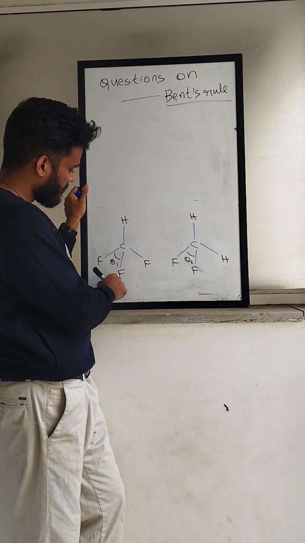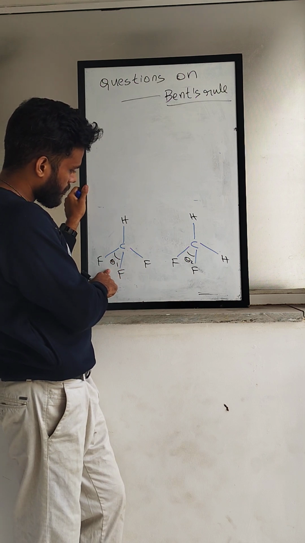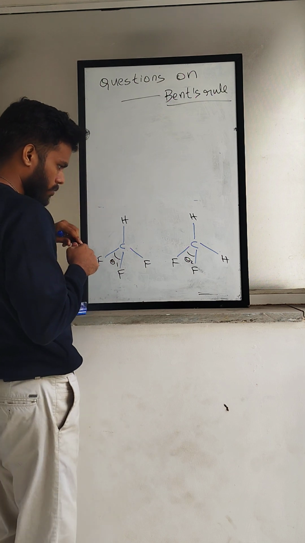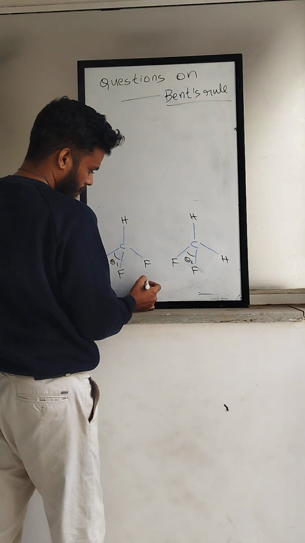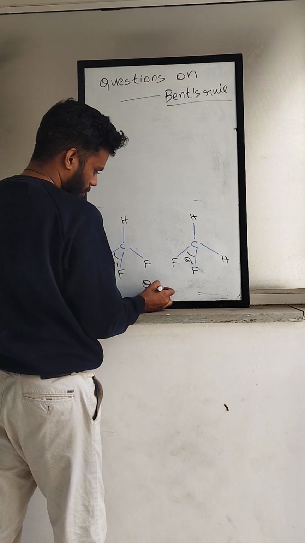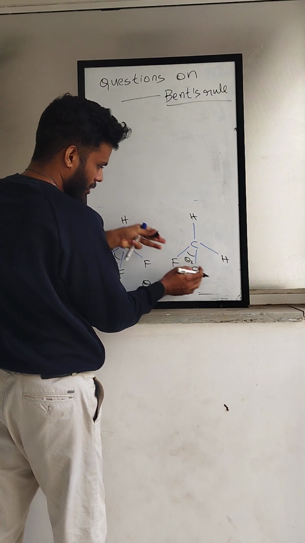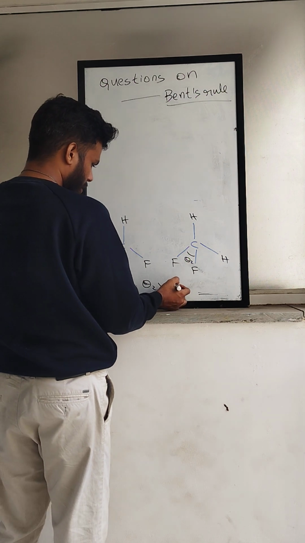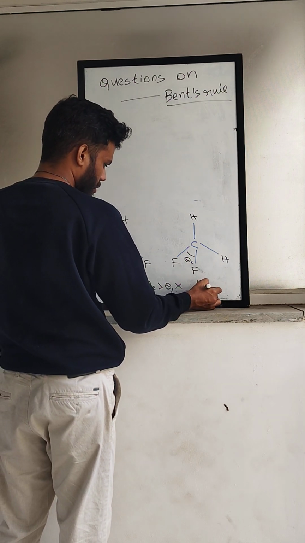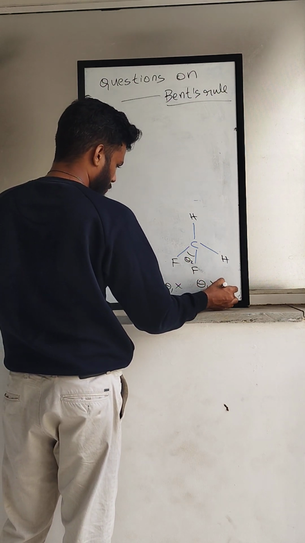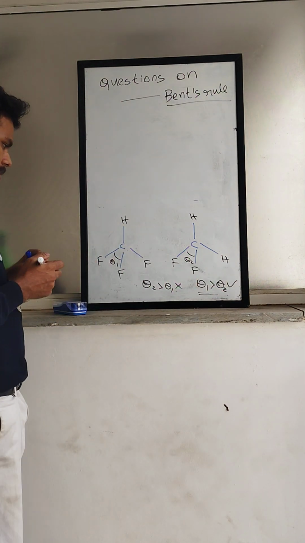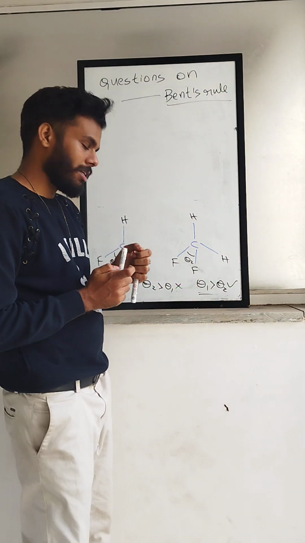Here you have 3F, so theta 1. You would assume that theta 2 is actually greater than theta 1 because there is less repulsion, so it can be more, but that's not the case. Theta 1 is greater than theta 2.